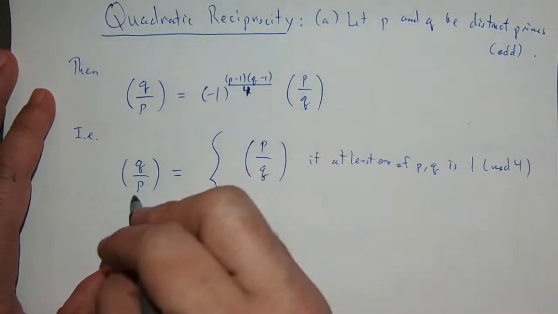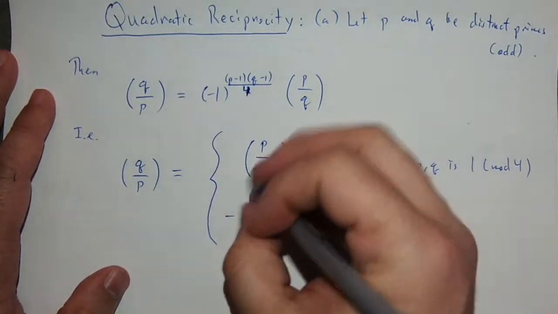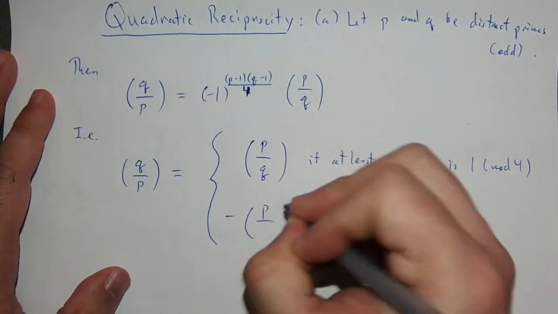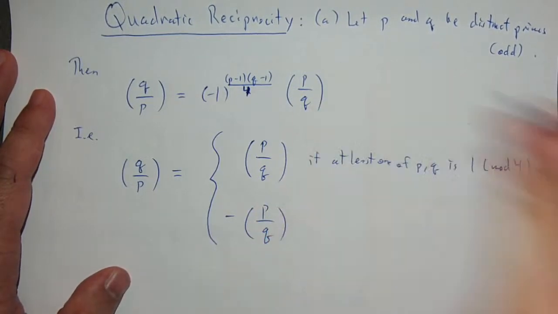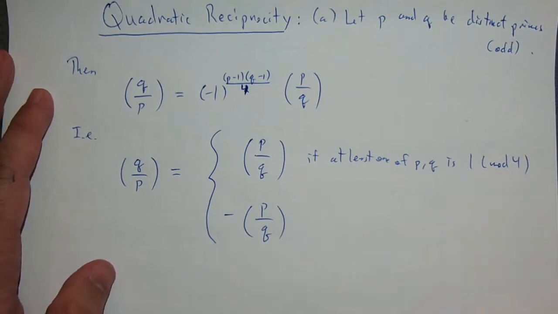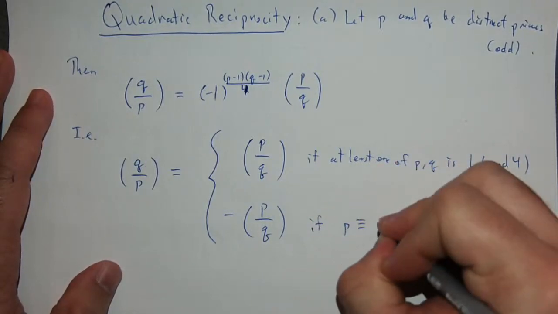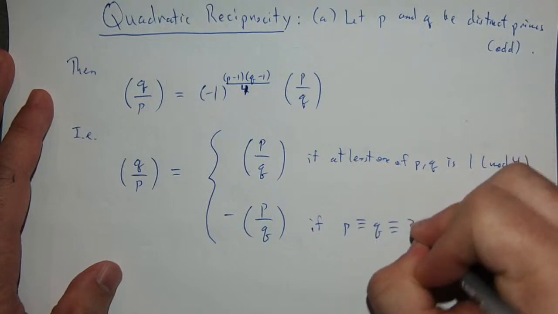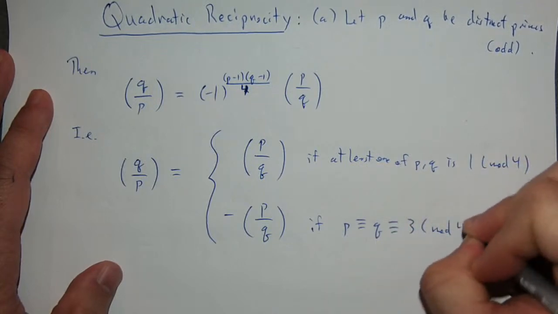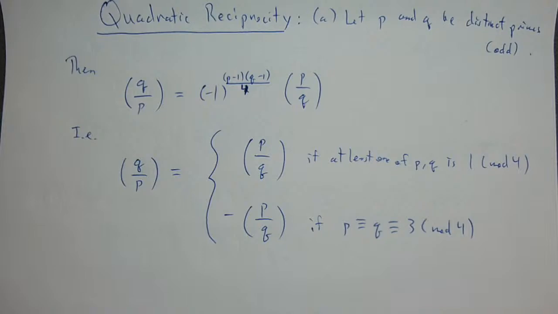And we get that Q on P is minus P on Q when that doesn't happen, when neither of them is 1 mod 4. But if neither of them is 1 mod 4, then both of them have to be congruent to 3 mod 4. And so this is true if P is congruent to Q is congruent to 3 mod 4. Okay.